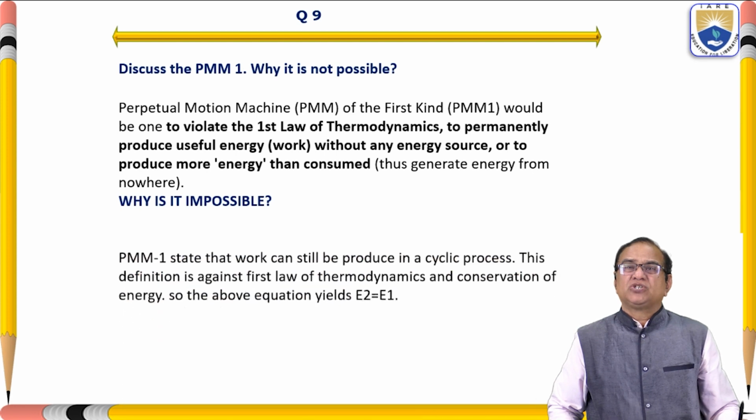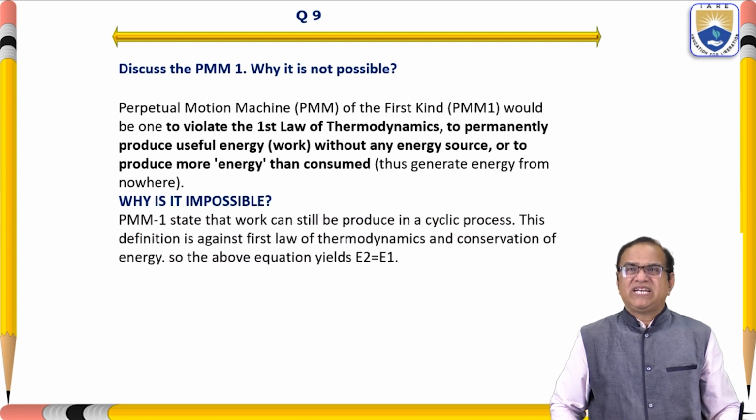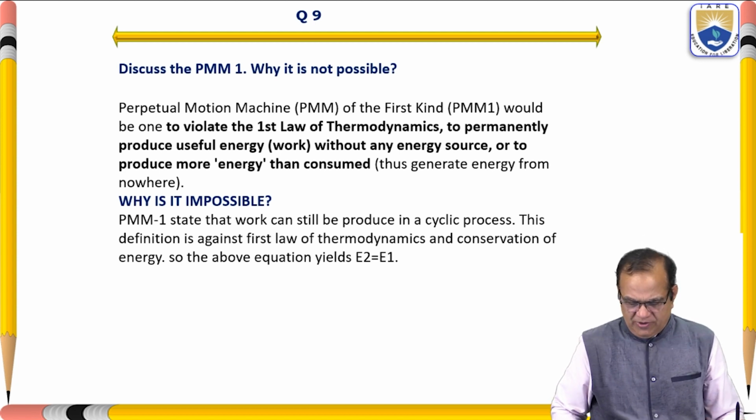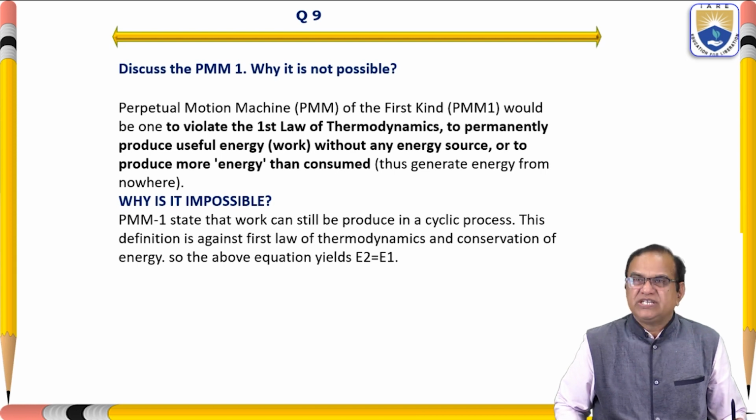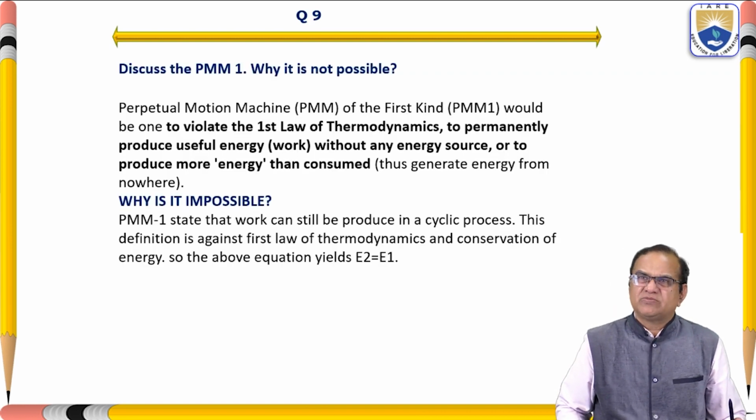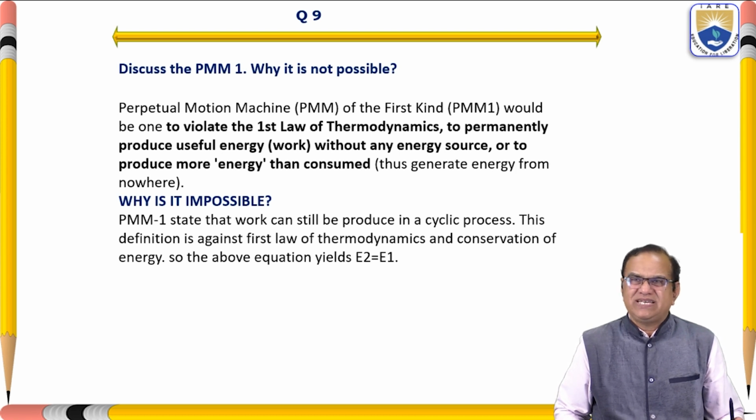PMM-I states that work can still be produced in a cyclic process. This definition is against the first law of thermodynamics and conservation of energy. So the above equation yields E2 equal to E1. So it is not possible to construct such a machine.